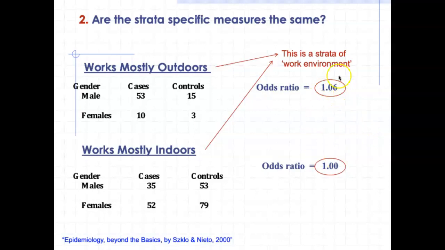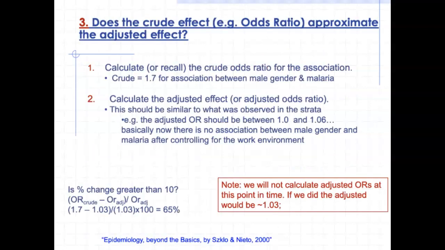But assuming that these stratum-specific measures are similar to one another, we are going to calculate an adjusted measure of association, which would just be the average. The average between 1.06 and 1.00 is going to be something like 1.03.